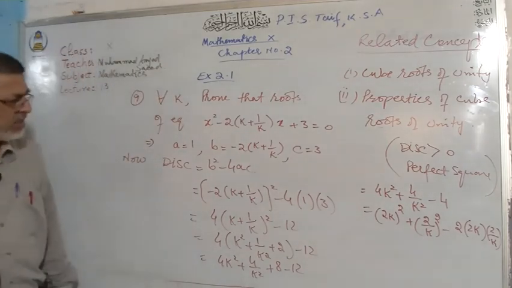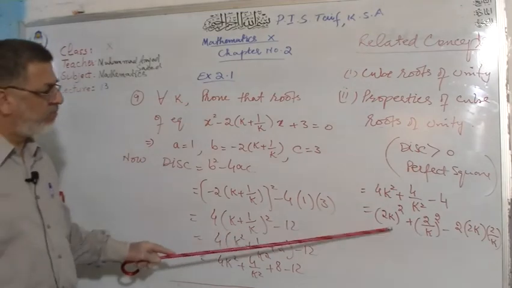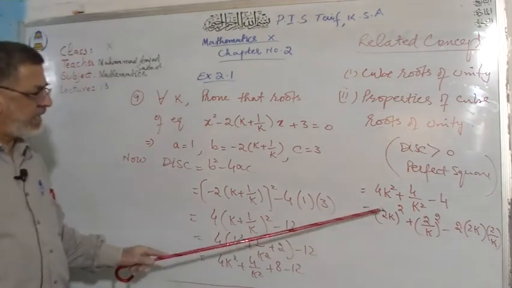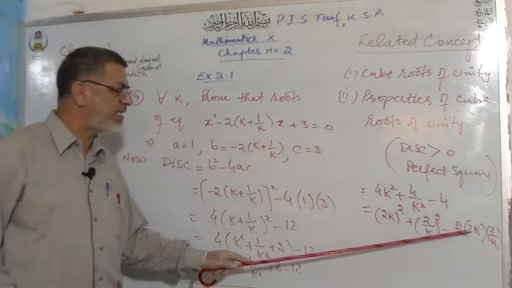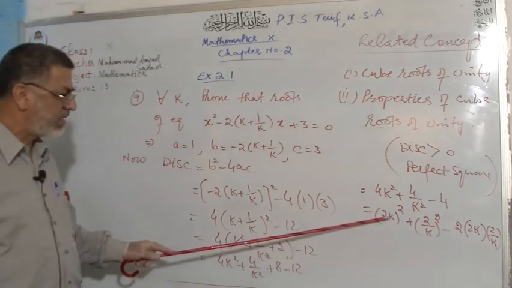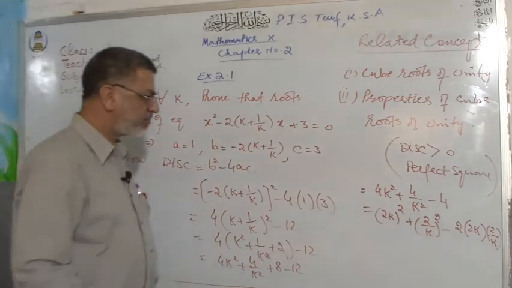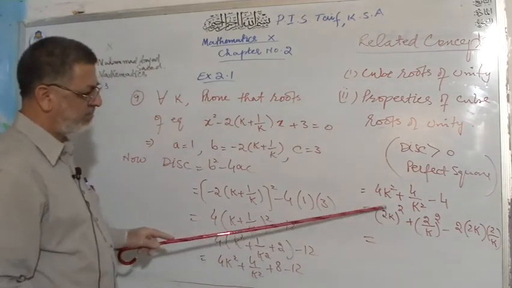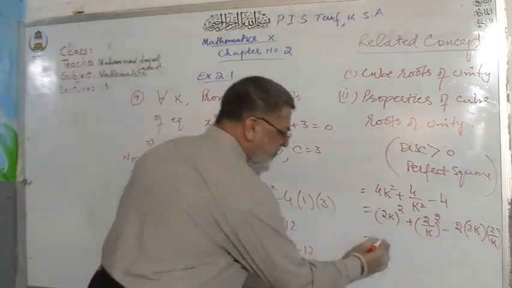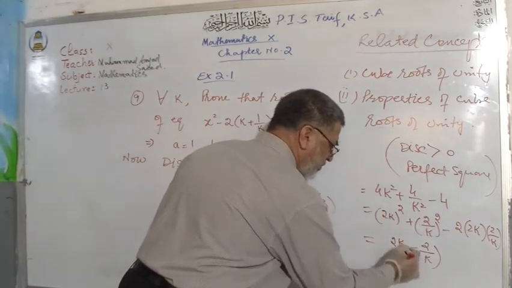Dear students, this is actually written in terms of completing the square. A square plus b square minus 2 into a, what is a? Inside first square, into b, that one second. And if you simplify it, you will get this again. And here it will be 2k minus 2 over k whole square.